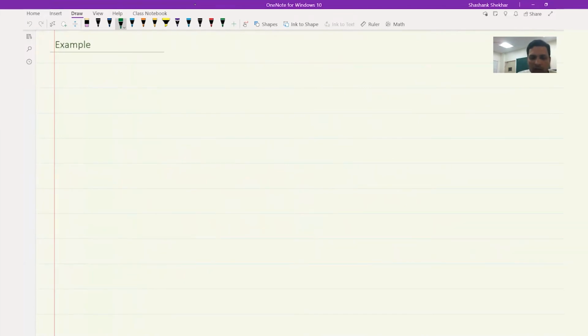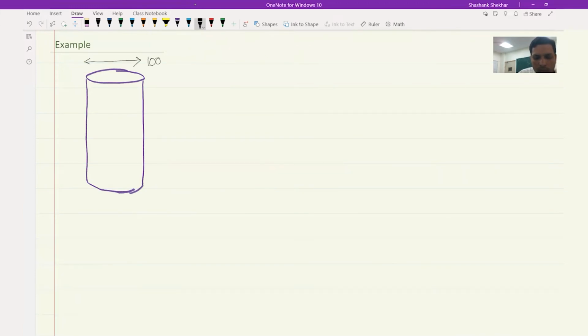So let's say we have a rod or a wire which has a diameter of 100 nanometer. So this diameter D is equal to 100 nanometer.